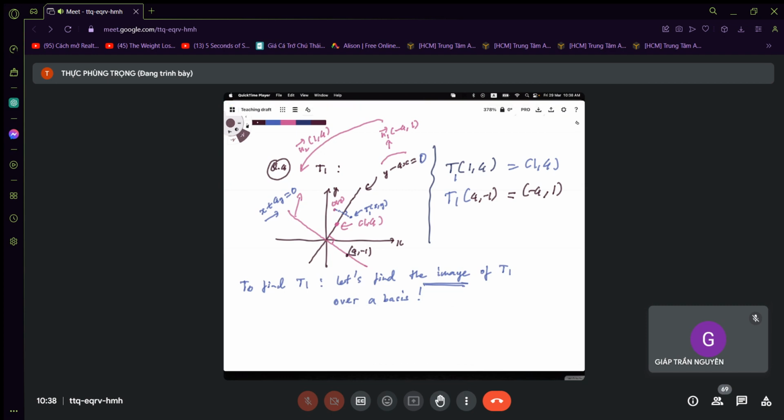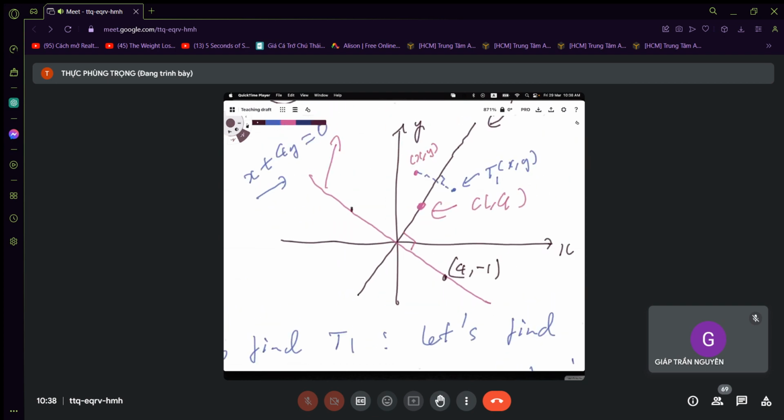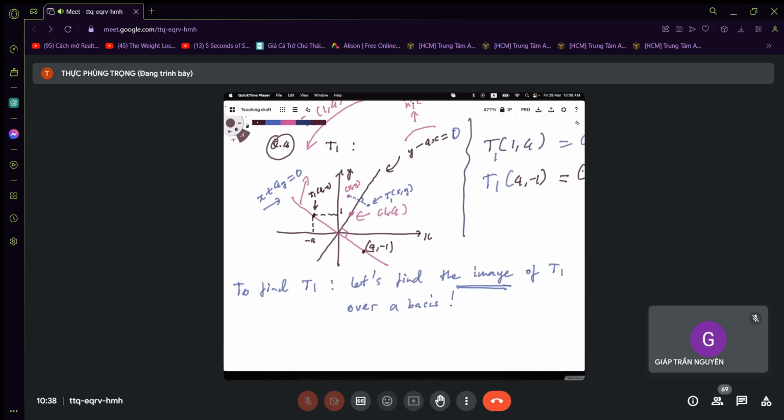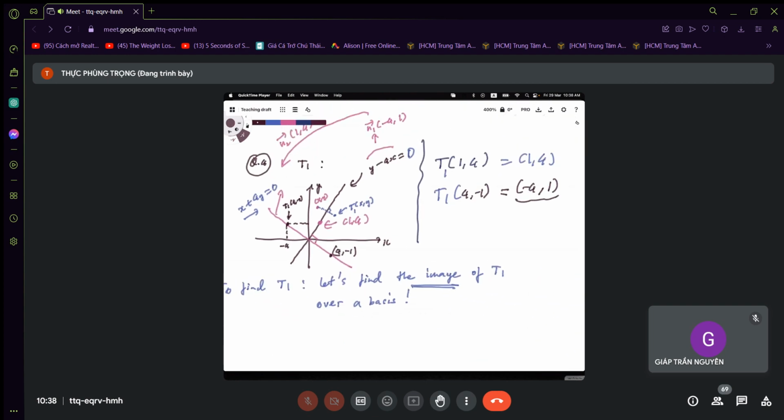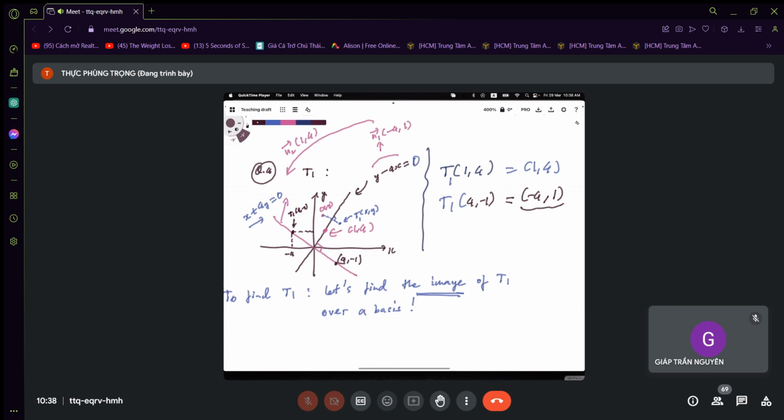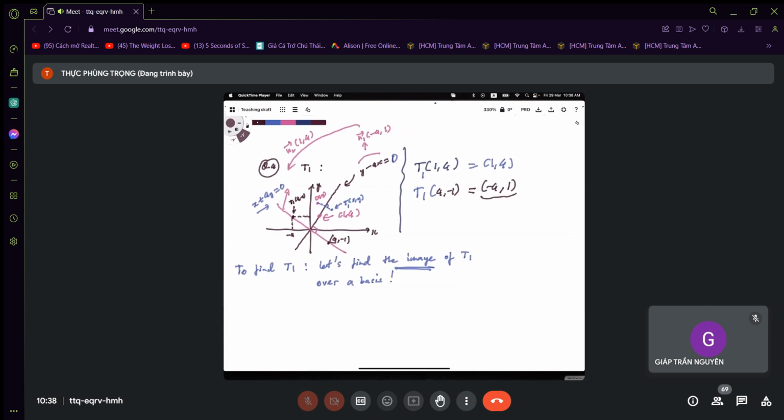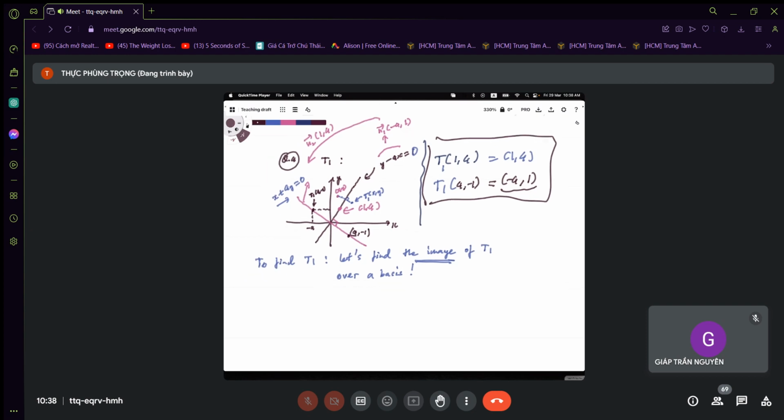Yeah, it's all right. So this one would be T1, so it would be (minus 4, 1). You see it here. Anyway, that's enough. It's time to get the answer. So now you can consider T1 from S to S. By the way, S is the standard basis.